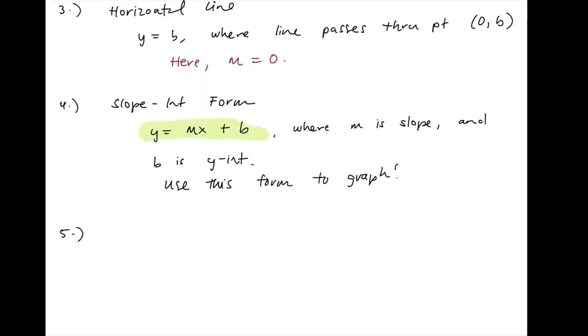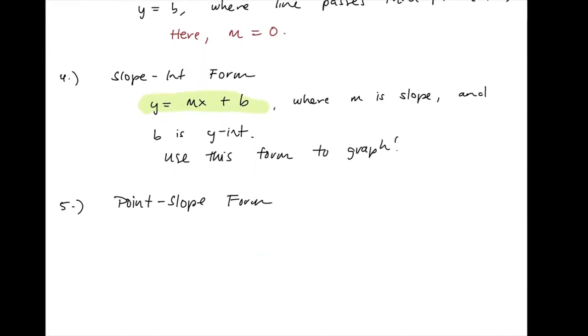Fifth, point slope form. So because this is pre-calculus, you guys will see this again in calculus. This form comes up a lot to find the line tangent to a curve, but it's y minus y1 is equal to m times x minus x1.